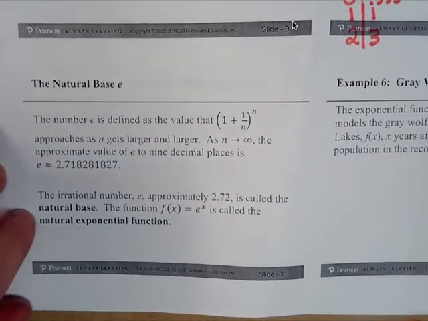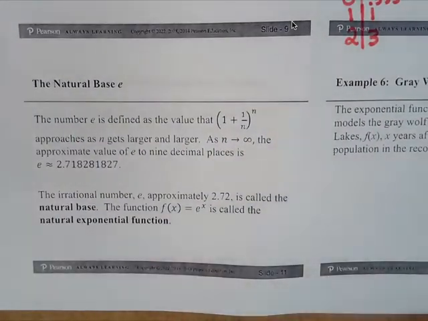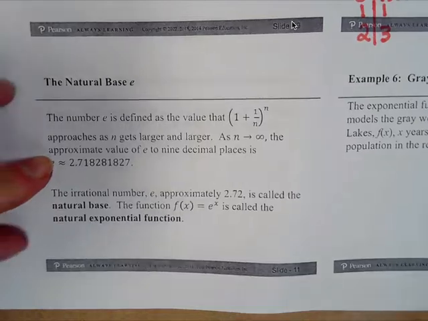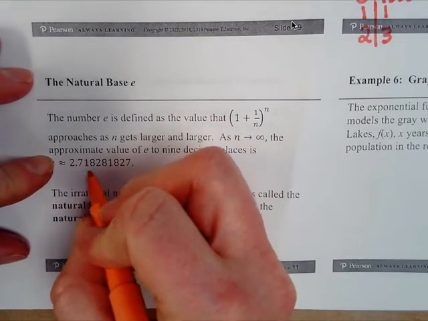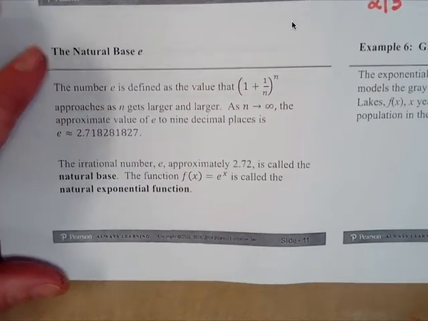Okay, the natural base e. It's defined as 1 plus 1 over n raised to the nth power. It approaches that number as n gets larger and larger. As n goes to infinity, the approximate value of e, to 9 decimal places, is written right there. e is approximately 2.72, which is what I usually use.